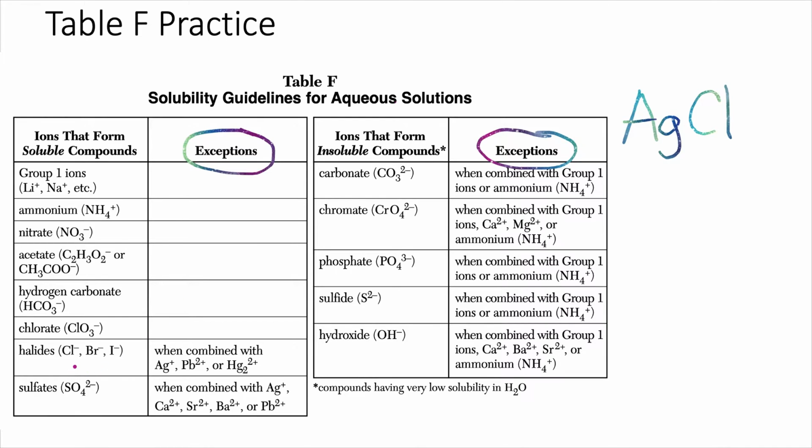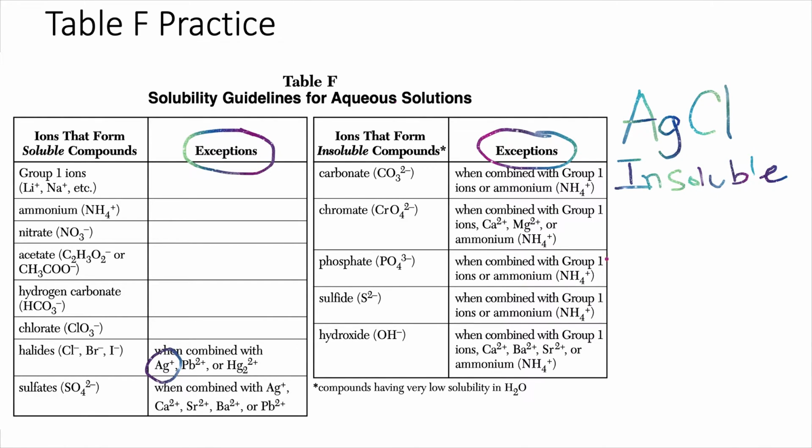So here's a halide for chlorine. It says chlorine is always soluble, meaning it's going to dissolve except when combined with Ag. Because of this, when Ag combines with Cl, it's not going to dissolve. So if you were to ever mix that in a beaker and you see a solid form, it's most likely Ag. So we're going to write this as insoluble.